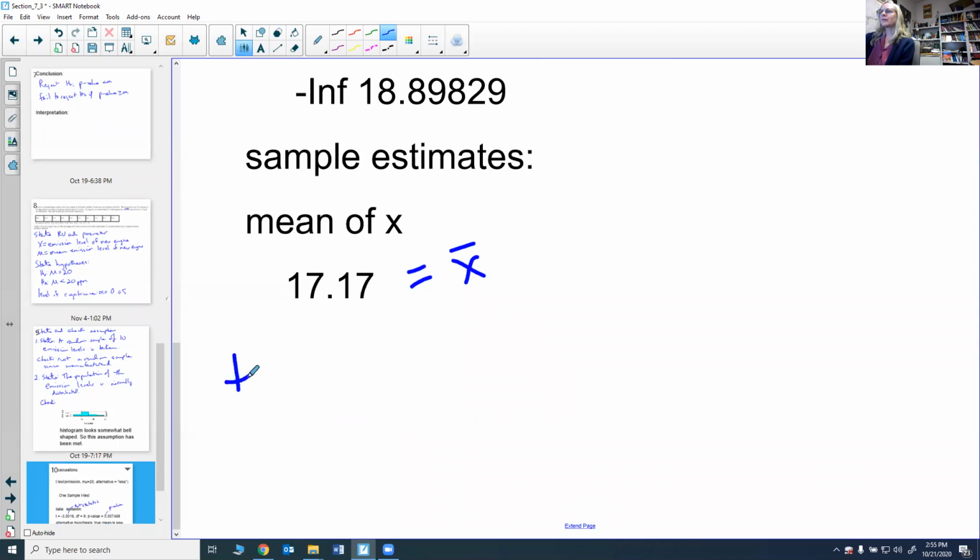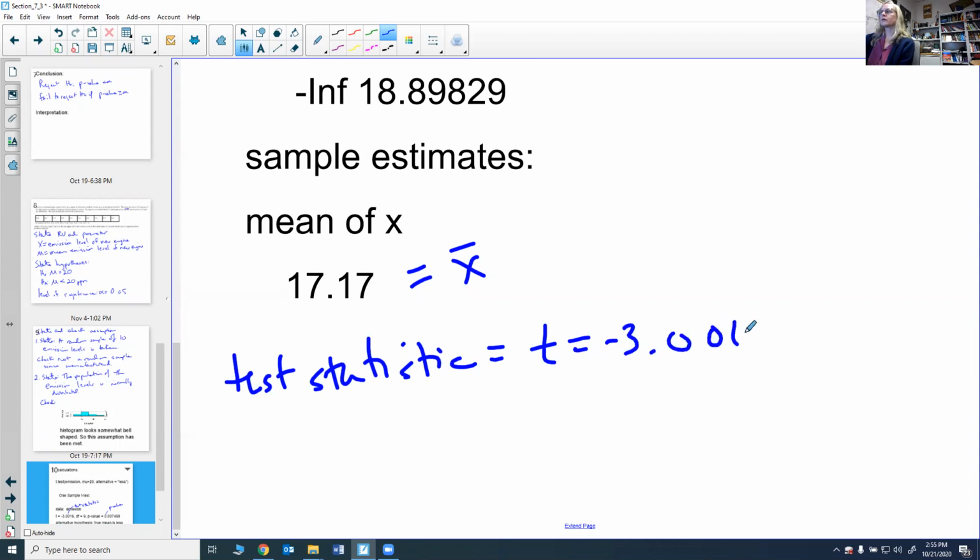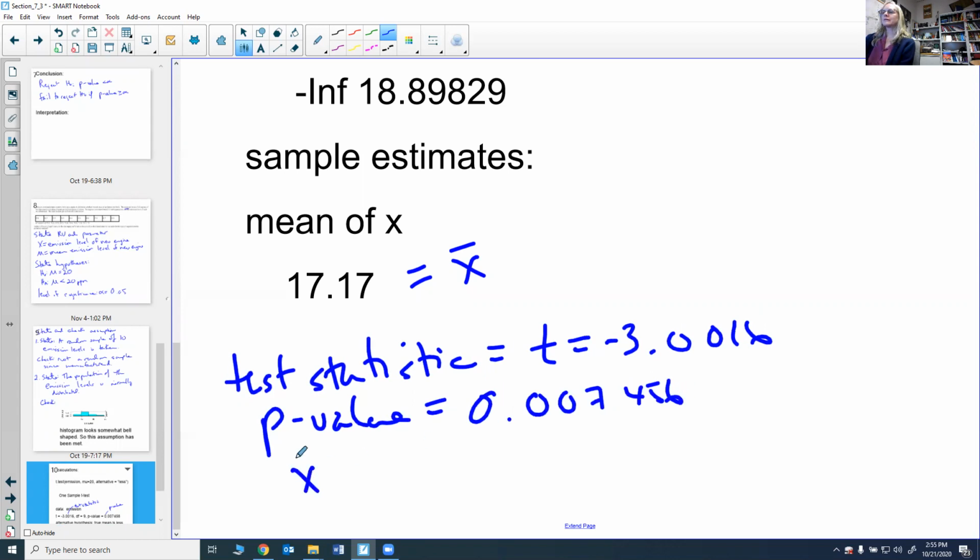So I can now write down that my test statistic is equal to t is equal to negative 3.0016. My p-value is equal to 0.007456. And my sample statistic is x bar is 17.17 parts per million.